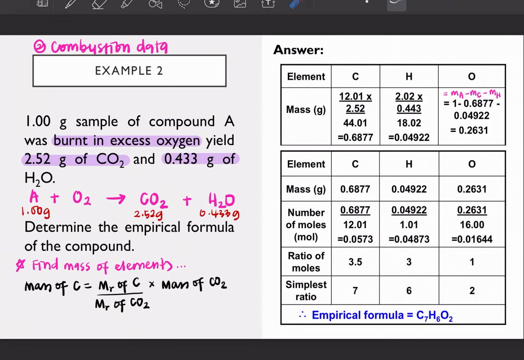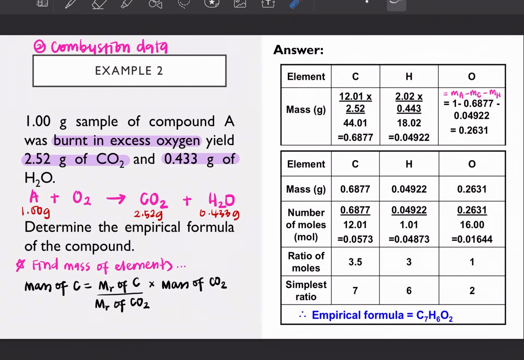So this 12.01 is the molar mass of carbon, times the mass of carbon dioxide, which is 2.52 grams, divided by the molar mass of carbon dioxide, which is 44.01 grams per mole. So we can find our mass for carbon.